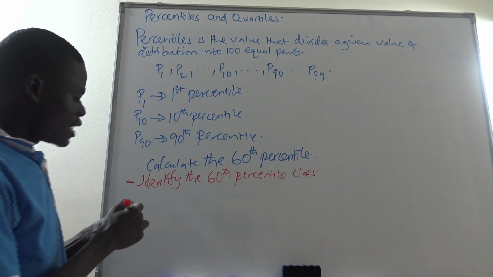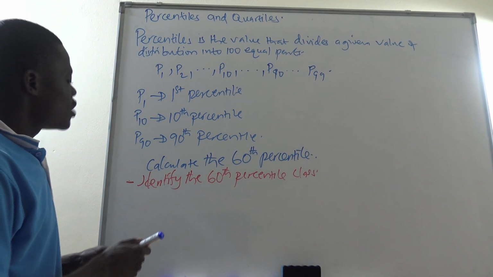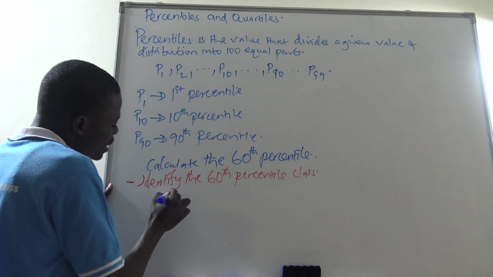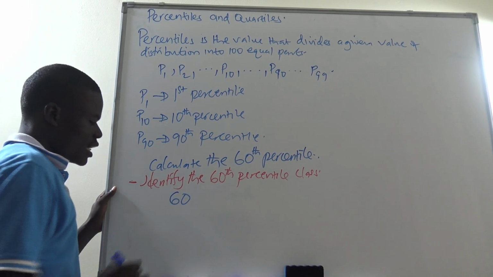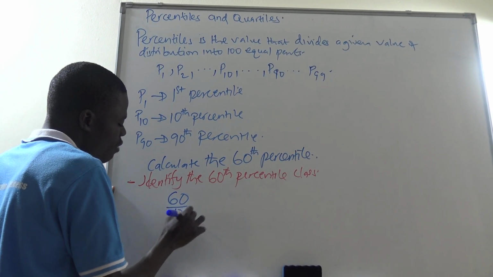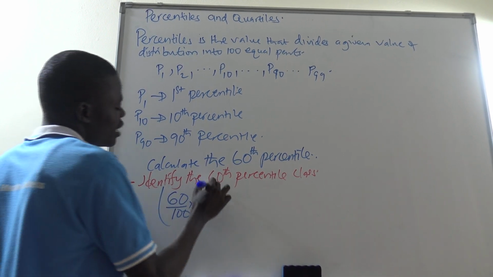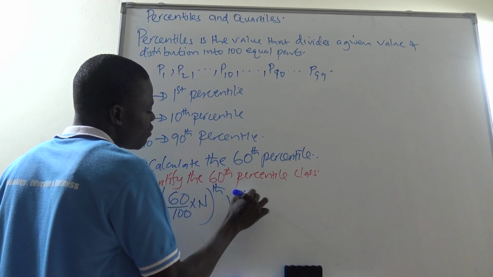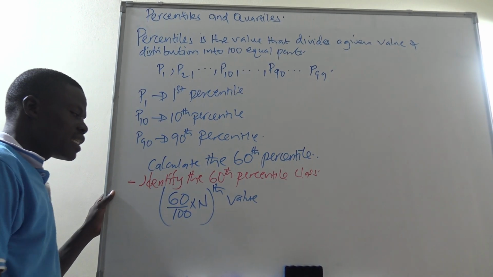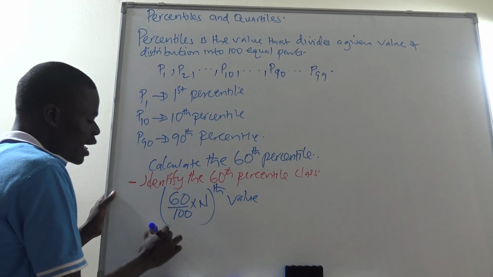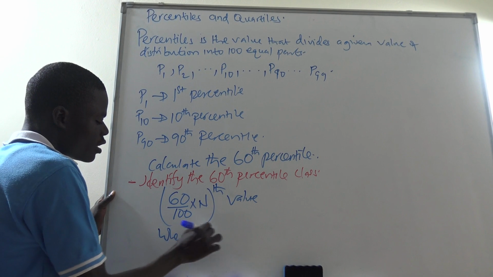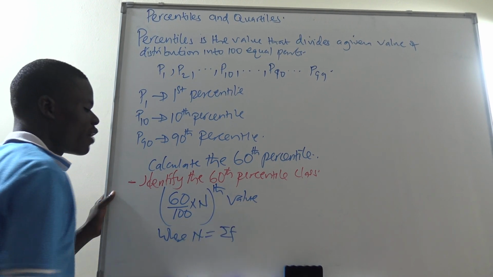You use 60 out of 100 times n, where n is the same as the summation of f.